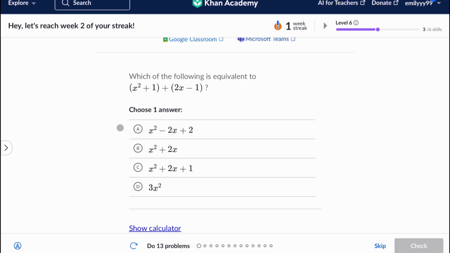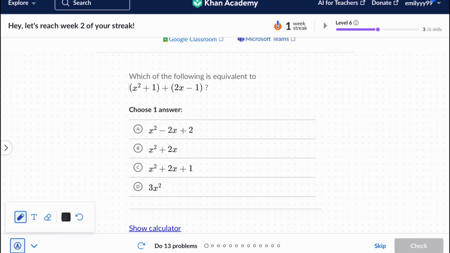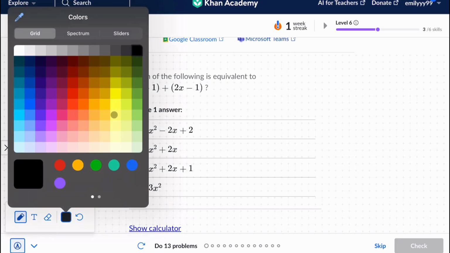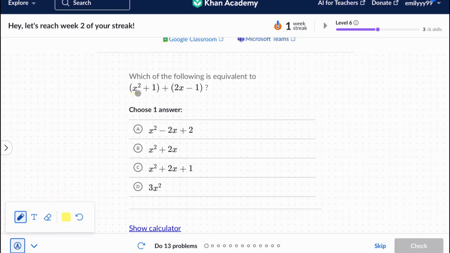Okay, so all we have to do is combine the like terms to find what is equivalent to this equation right here. So we can color code this. So x squared is on its own. There's nothing that could add to that. 2x is also on its own. And also we're adding here with this plus sign right here.